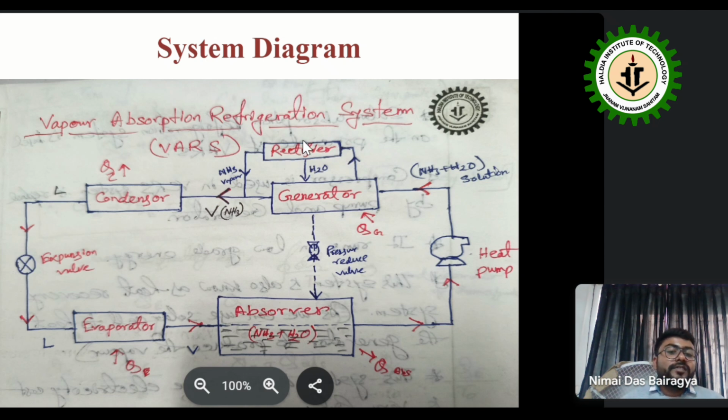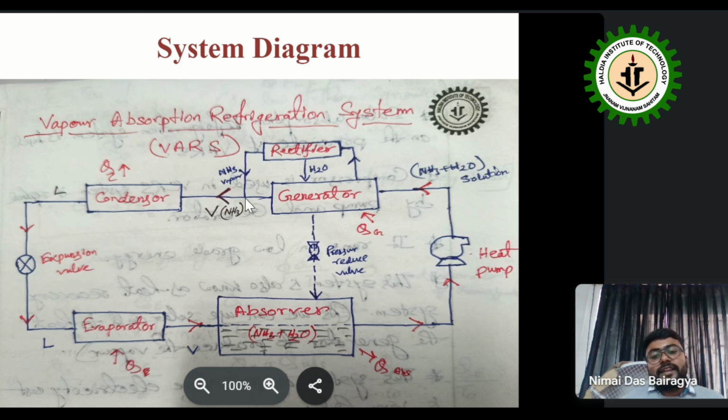So what is the working principle of the analyzer? The analyzer basically analyzes the gas. If some water molecules are present in this gas, it doesn't allow them. The analyzer only allows the ammonia vapor to move in the forward direction. The water vapor is turned in the backward direction and comes to the generator, and further to the absorber.